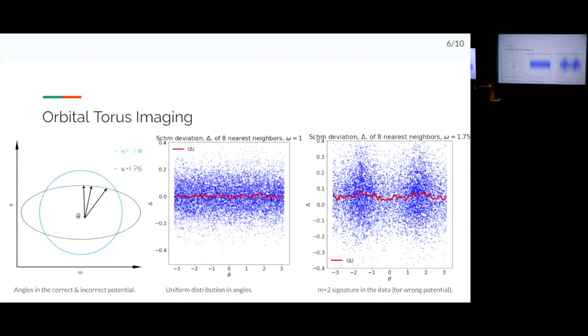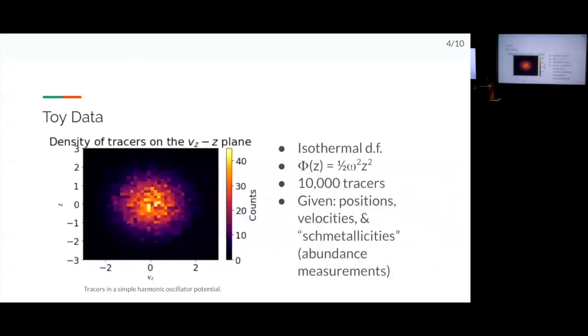How did you choose a different one? It doesn't have a different functional form, although I do want to explore adding a quartic term onto this simple harmonic oscillator potential. What I changed was the value of omega. At one point I made it 2, and this is 1.75. So it's scaled differently, but it is the same functional form. Okay, so you changed it from 2 to 1.75. Yeah. Okay, thanks.